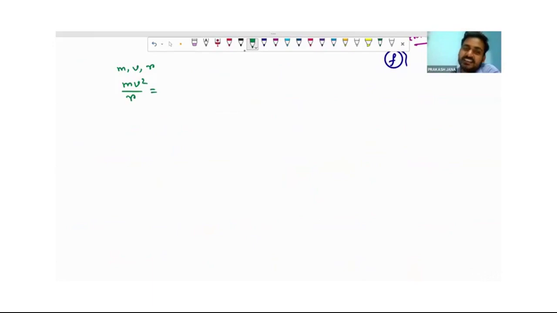In this case, the electrostatic force between the nucleus and the electron is responsible for this centripetal force requirement of mv square by r. So that is nothing but 1 by 4 pi epsilon naught, as you know, q1 q2 by r square. Here we will write Ze, the charge of the nucleus, and the charge of the electron by r square. Let's say this is equation 1.